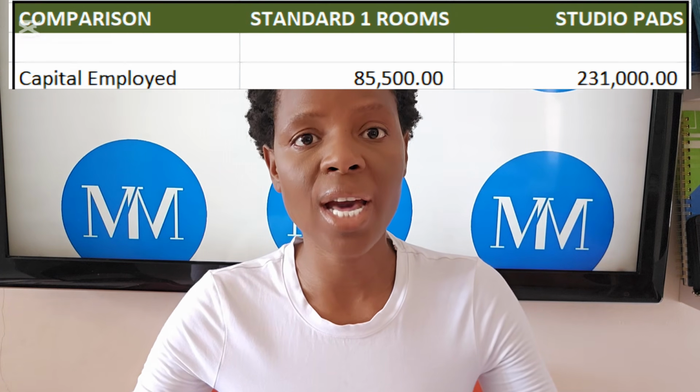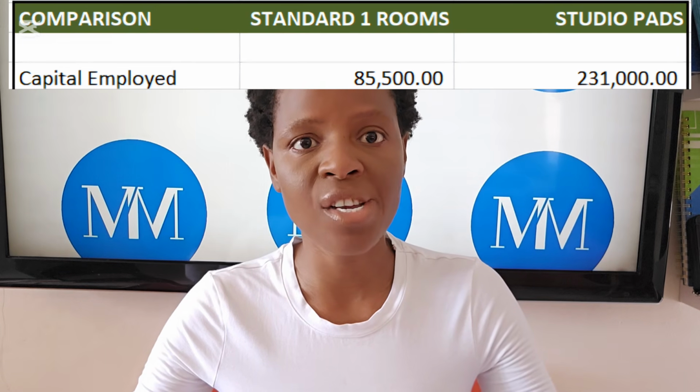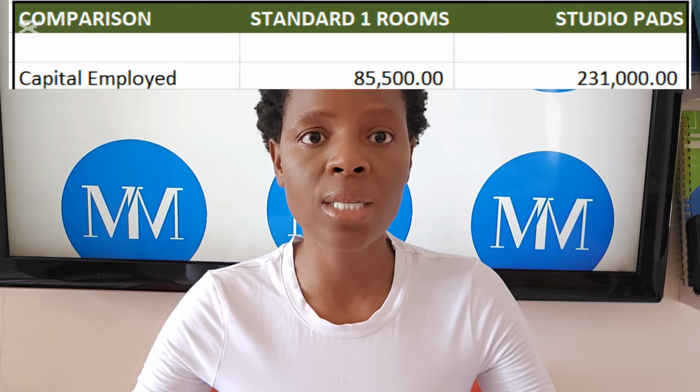Just by looking at this, you are going to see that because of the variations in the types of units, the capital employed is also going to differ. More capital for a block of studio pads, understandably so, because you are looking at plumbing, you are also looking at separation of electricity meters, so that is going to be more capital employed than just a standard one room.